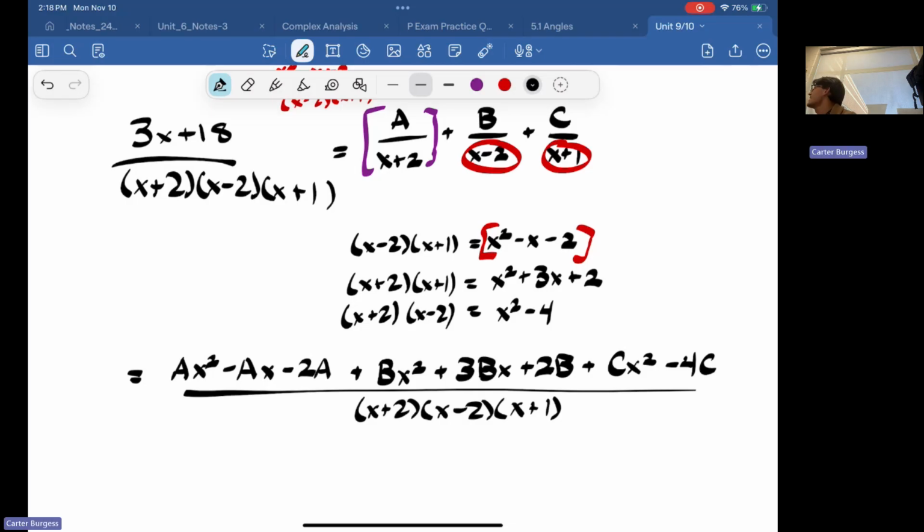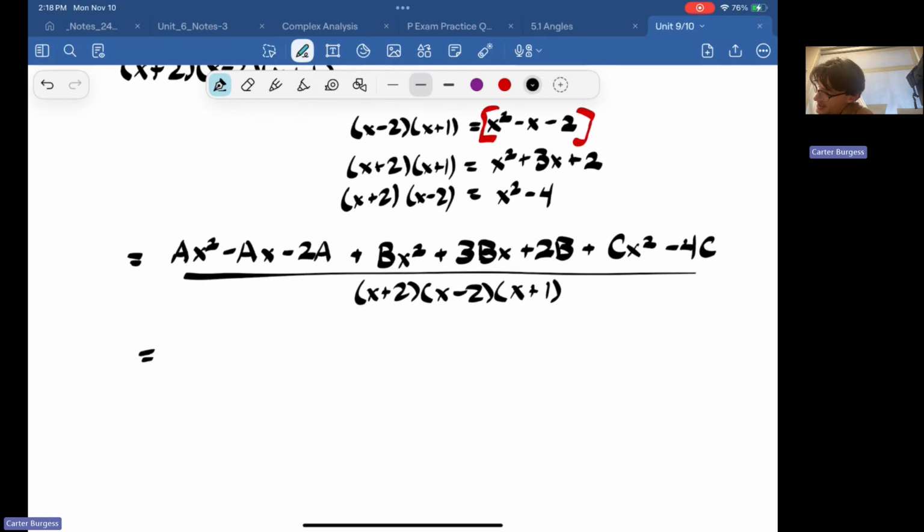And I'm going to do the same thing that I did before. I'm going to group my like terms. In this case, we have x squareds, we have x's, and we have constant terms.